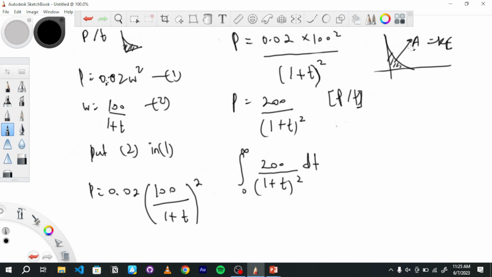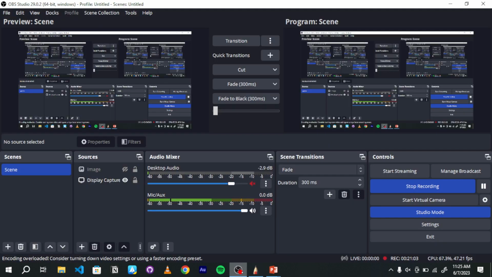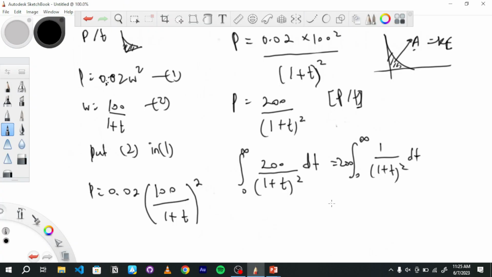So first, let's find the area under this curve here. So this is integration, right? From 0 to infinity, I can bring 200 here. Have 1 over 1 plus t all squared. Okay. So now I have 200 here, right? Then this will give me 1 plus t to the power of minus 2.